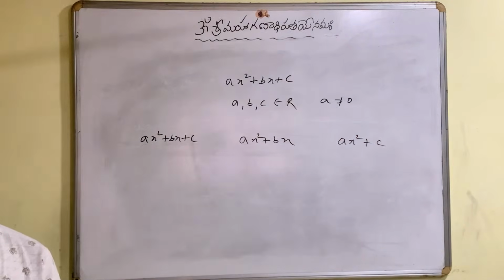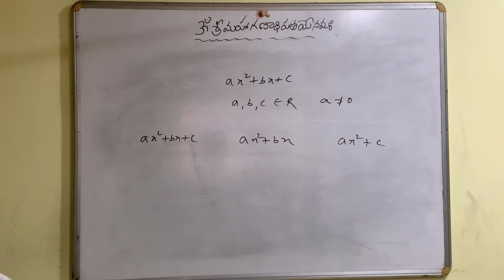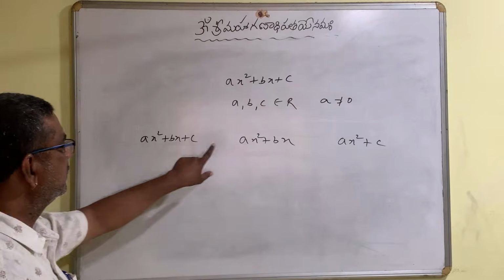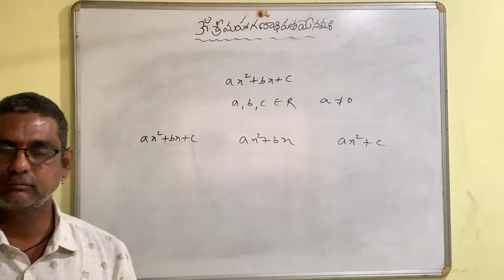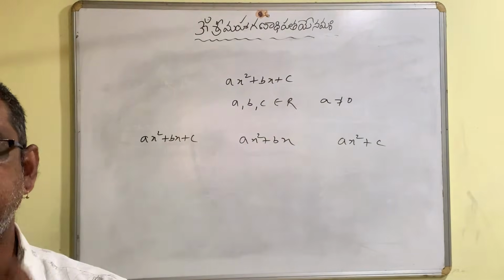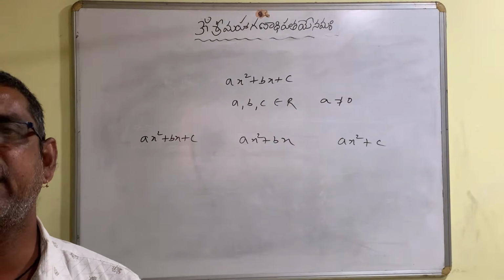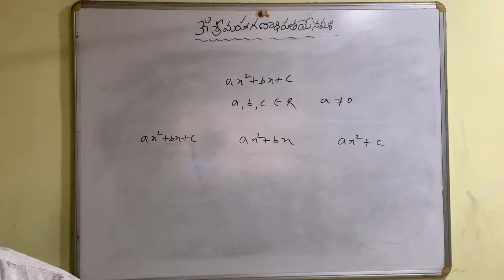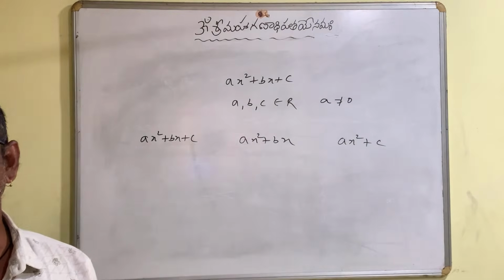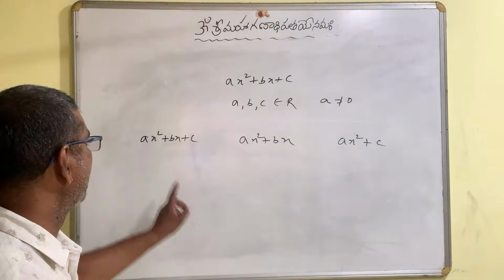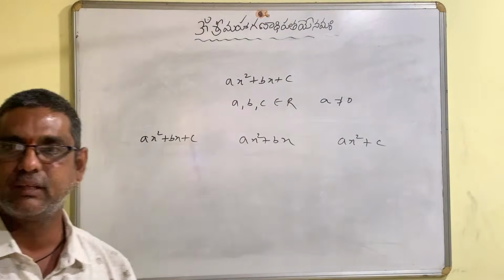We can observe three different forms in quadratic polynomials. Three different forms. 1, 2, 3. So we have to learn how to find out the zeros of the given quadratic polynomial of these three forms. Okay.